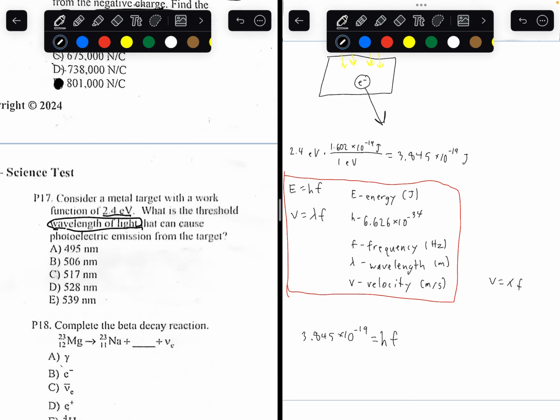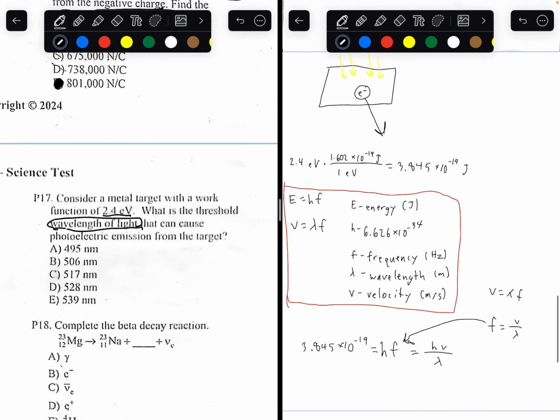Divide both sides by wavelength to get frequency equals velocity divided by wavelength. Plug that down here to get Planck's constant times velocity divided by wavelength.